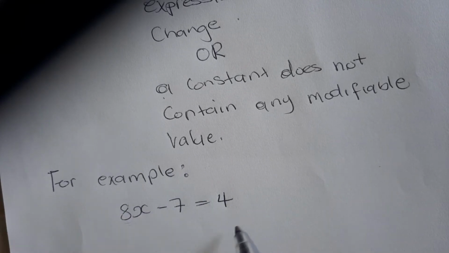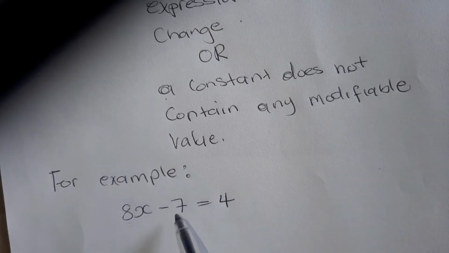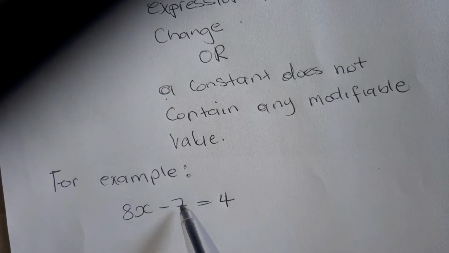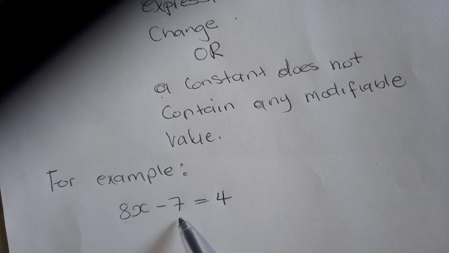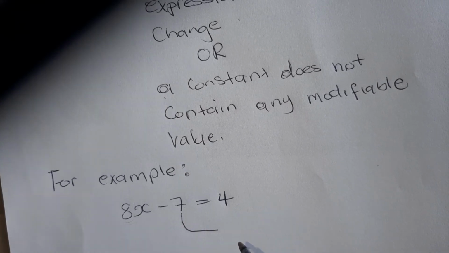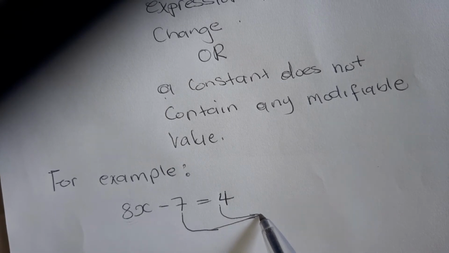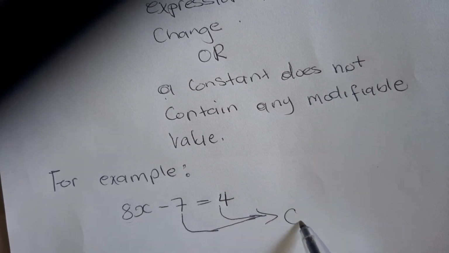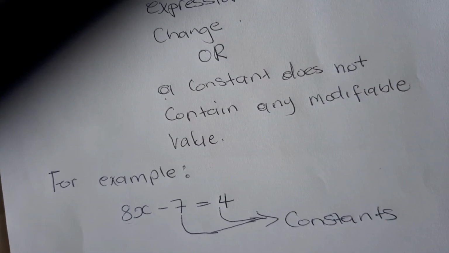So a constant doesn't change. So let's check this -7. This -7 doesn't contain any alphabet or symbol that will later on change the expression. So meaning this is a constant, and also this 4 is a constant. So these two are constants. So that's basically it, guys.